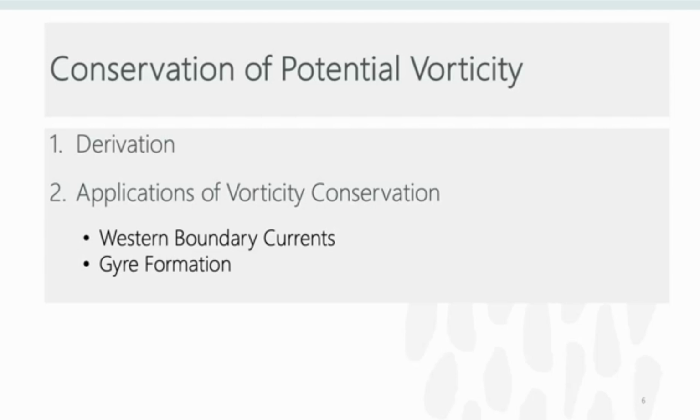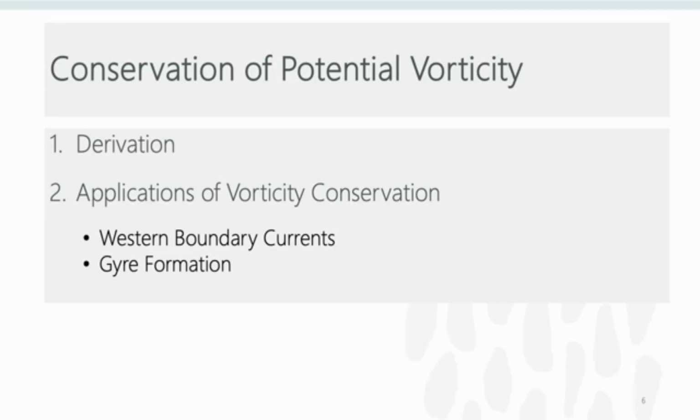So, in reality, for the western boundary currents, in systems like the Gulf Stream, vorticity conservation explains why currents intensify along the western boundary of the ocean basins as water moves poleward along the western edge. f increases, and the current becomes stronger.